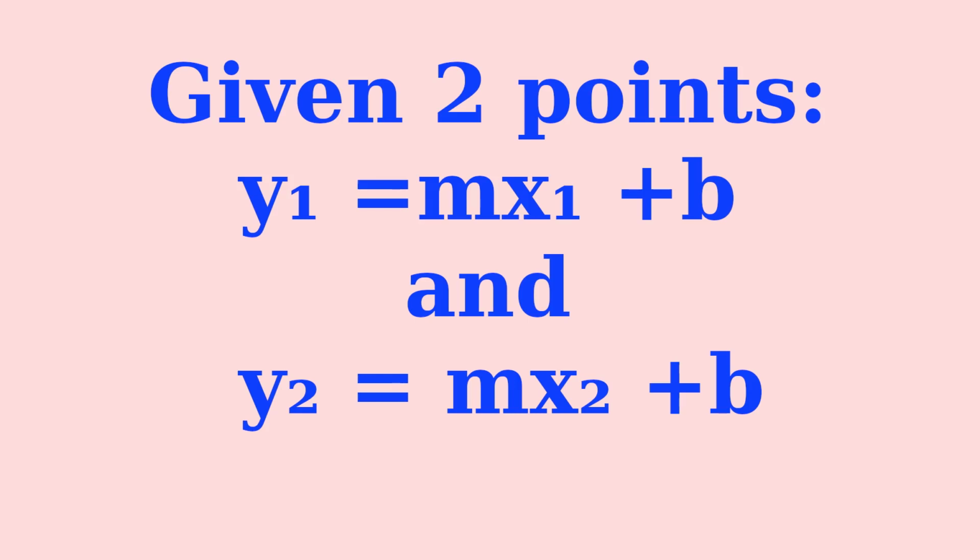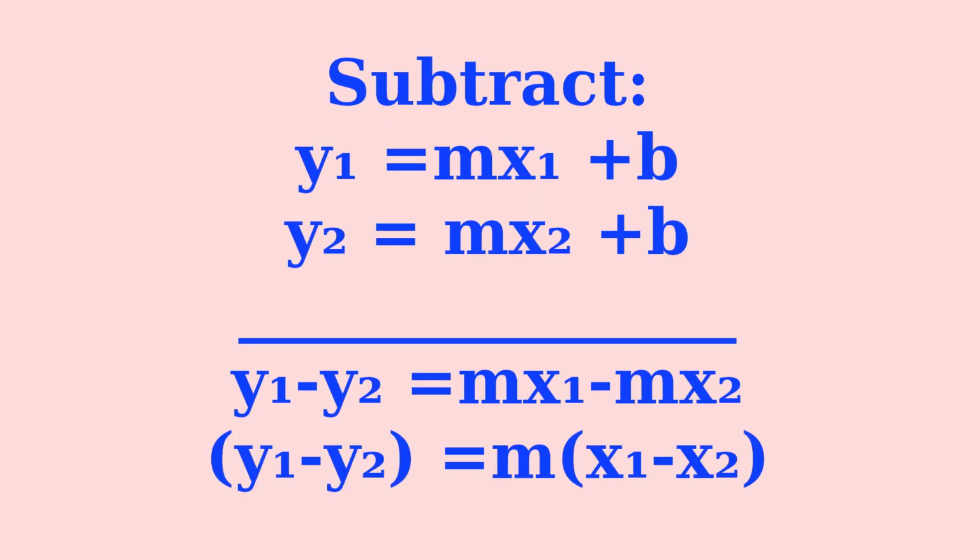Here are the 2 functions with m and b unknown. Y sub 1 equals m x sub 1 plus b, and y sub 2 equals m x sub 2 plus b. Subtracting one function from the other gives y sub 1 minus y sub 2 equals m x sub 1 minus m x sub 2 plus b minus b. The b's cancel.